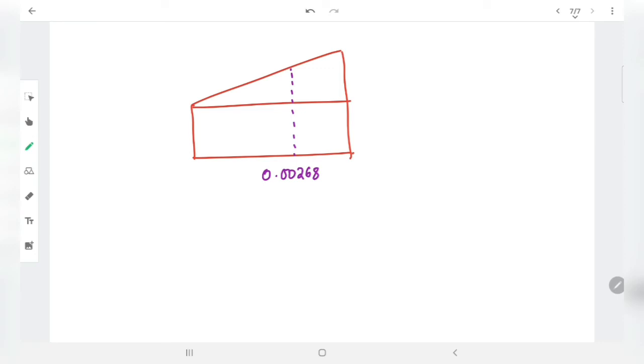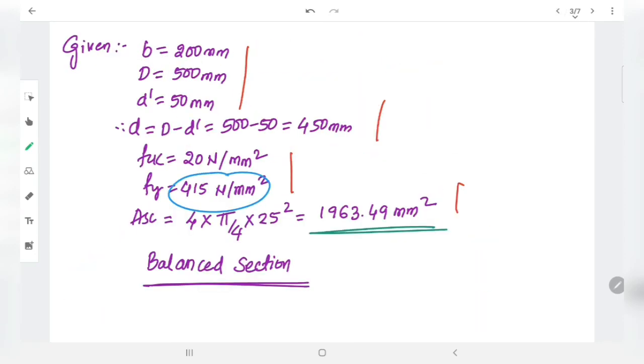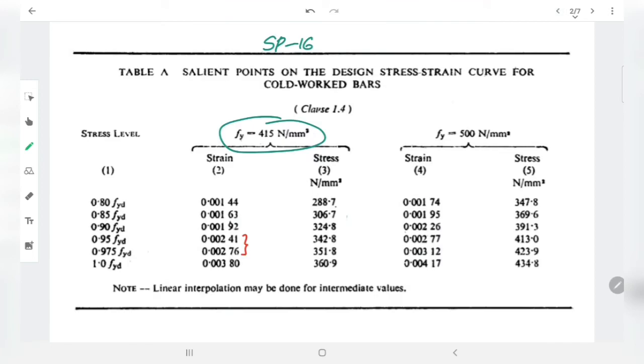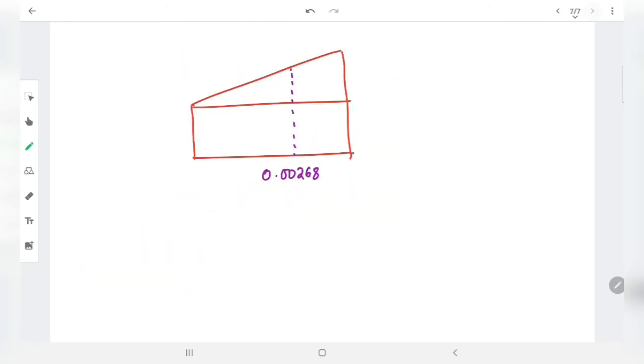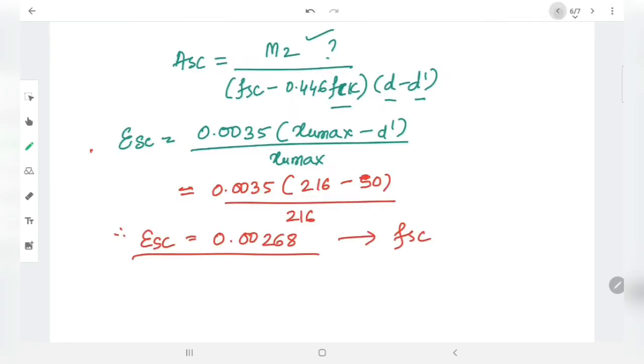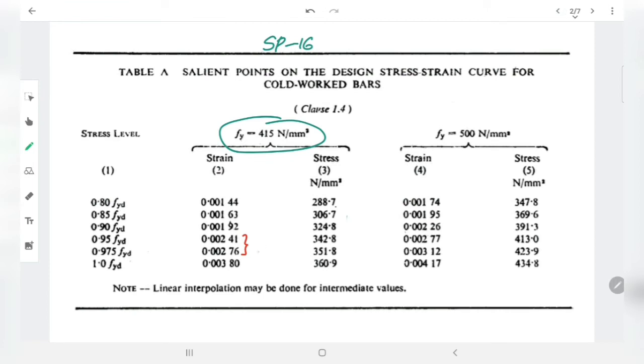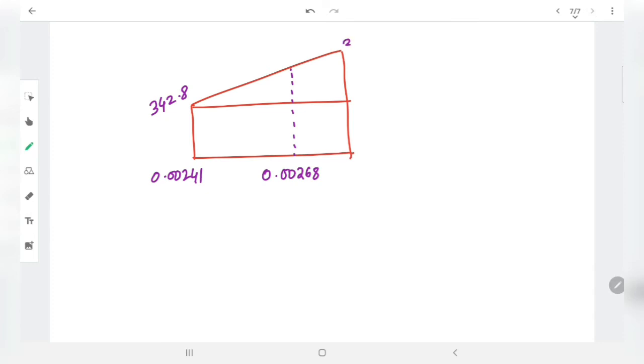This is the value of epsilon SC, but in the chart only 0.00241 and 0.00276 are given. For 0.00241 it is 342.8, and for 0.00276 we have 351.8. So here we have the unknown value.